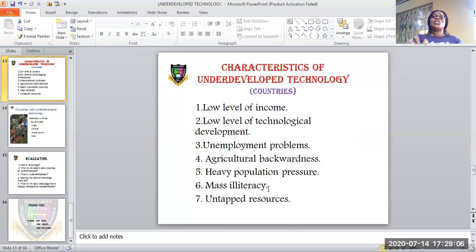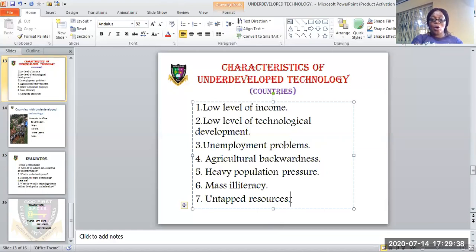They have no reason to be educated. Therefore, this constitutes mass illiteracy in the environment or community that they live in. The nation does not have enough educated people. Instead, it has majority mass illiteracy on ground. Are we together?